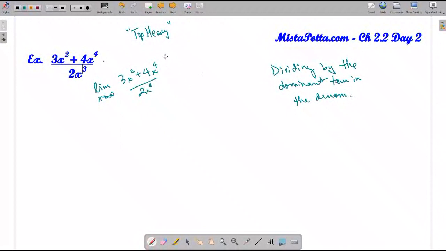So I'm going to multiply the numerator and denominator by 1 over x cubed.